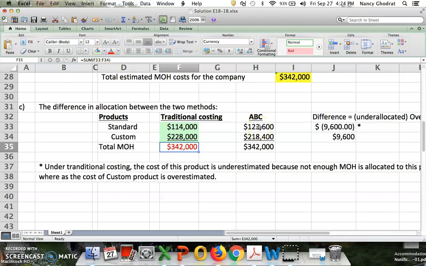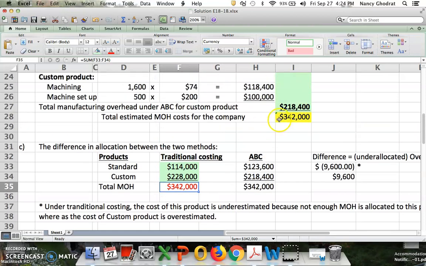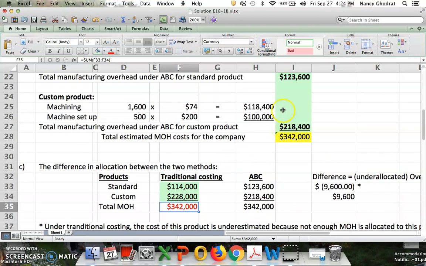Now, under the ABC approach, the manufacturing overhead allocated to the standard product was $123,600, and custom product was $218,400. Now, if you add them again, you should arrive at the $342,000.